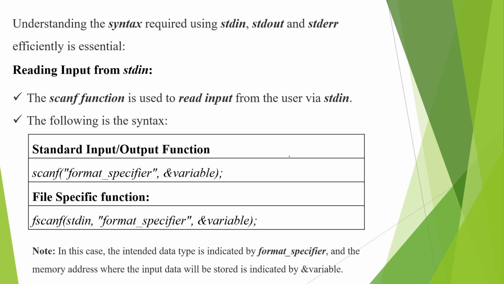The scanf function, which so far we used to read the input from the keyboard, is associated with the standard input pointer. Whenever you read data from the keyboard using scanf, by default it is associated with the standard input device.